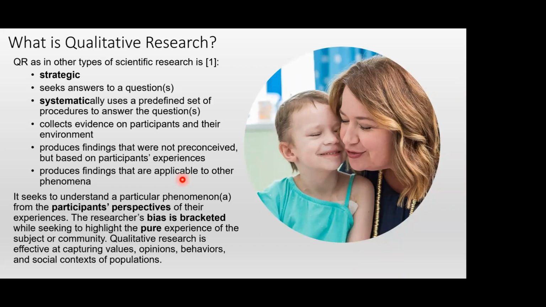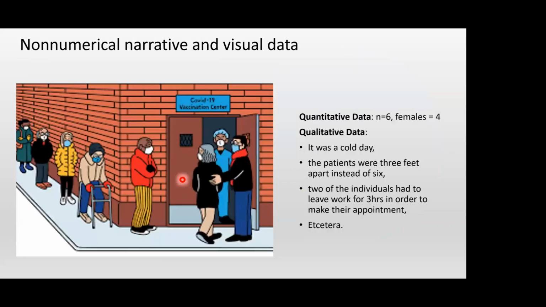So the last time, by way of definition, I mentioned that qualitative research, like other types of scientific research, is strategic and systematic. The last paragraph on this slide highlights the importance of protecting the participants' perspectives of their experiences during the analysis of data and the reporting of the findings from the analysis of the data. We used this picture the last time also.